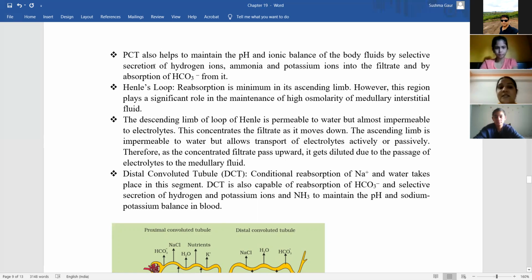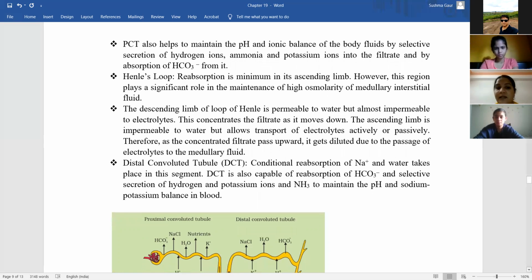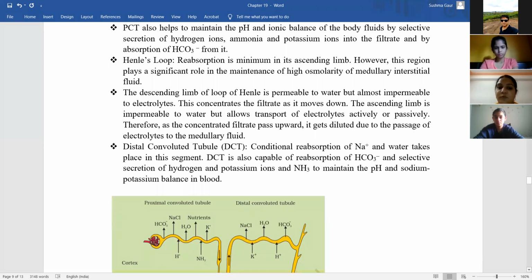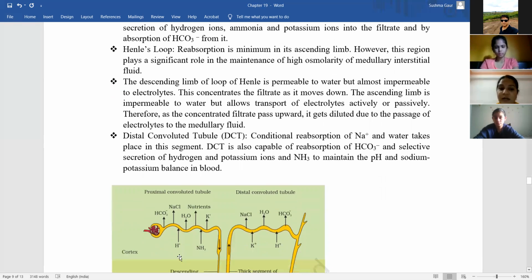Secretion means they release hydrogen ions, ammonia and potassium ions into the filtrate, and they reabsorb bicarbonate from the filtrate. What is the filtrate? ये body filtrate है, जो body fluids. So they absorb bicarbonate from the filtrate and release potassium, ammonia and hydrogen ions into the filtrate.